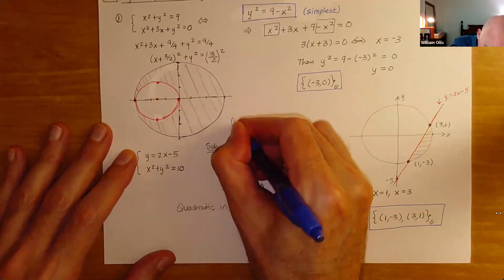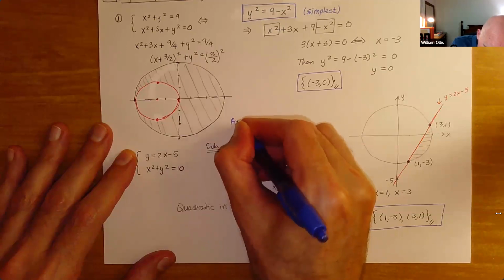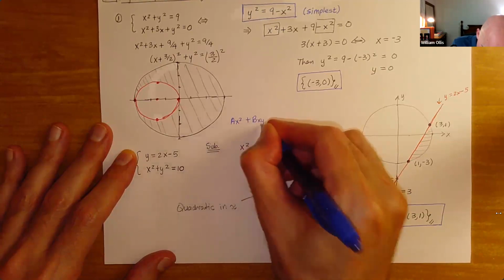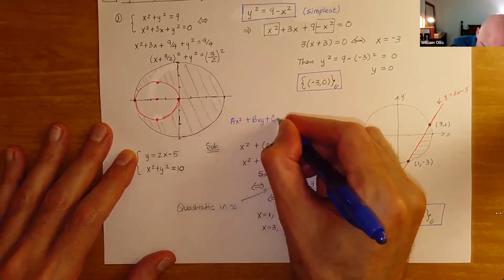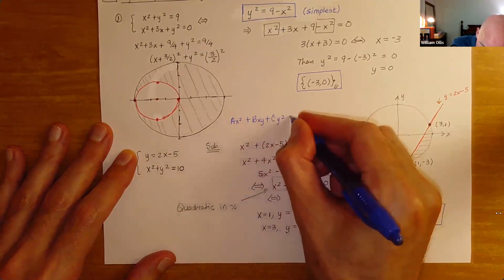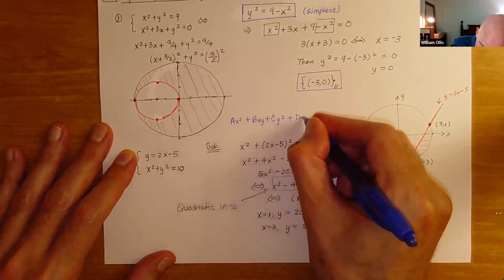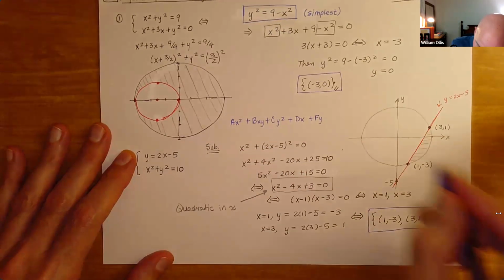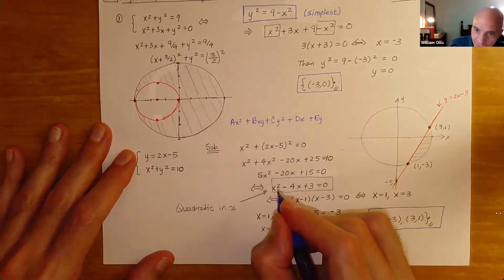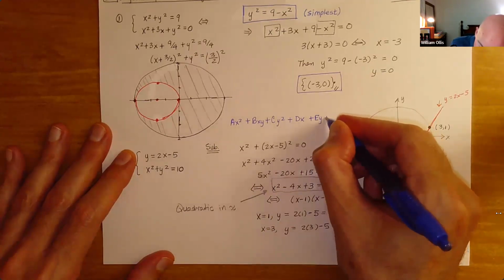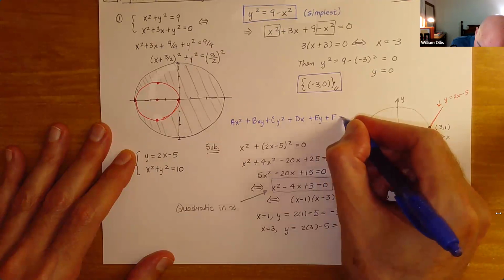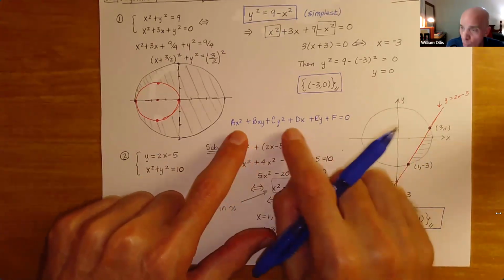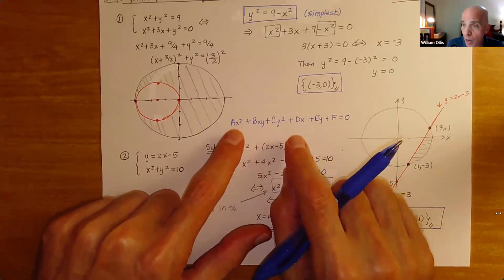We have ax squared plus bxy plus cy squared plus dx plus, well, I'll do an e, might as well keep that in alphabetical order, ey, plus f equals 0. So when we look at this, we have what we call the general quadratic.